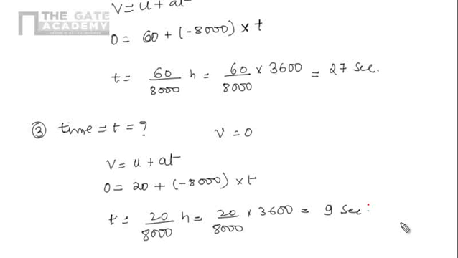In part 3, that is the time t taken by the train when the speed will decrease from 20 kilometers per hour to 0 km per hour. So according to the problem, or according to the given velocity, we have to calculate the time. So I am just showing how we can calculate time for different speeds.